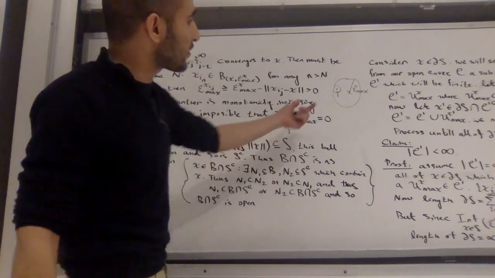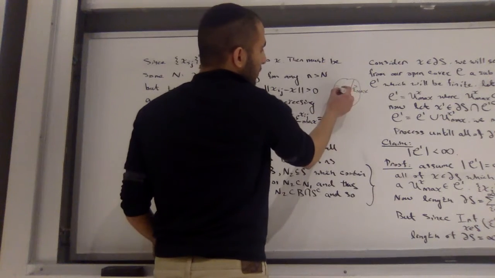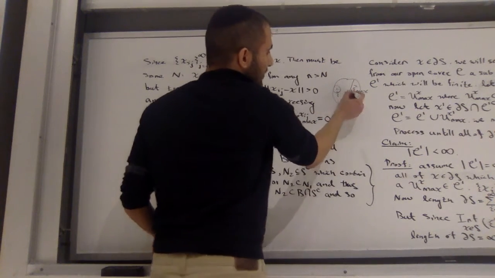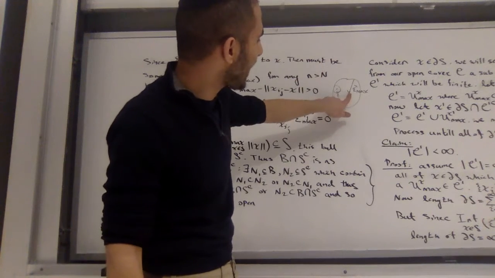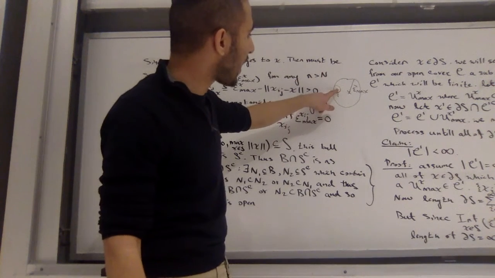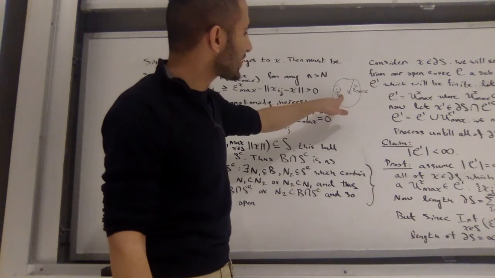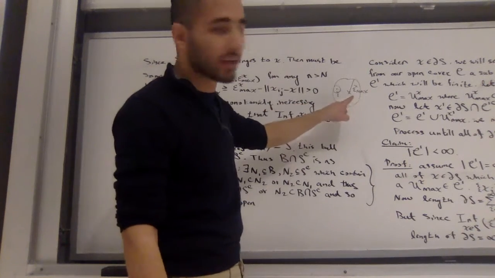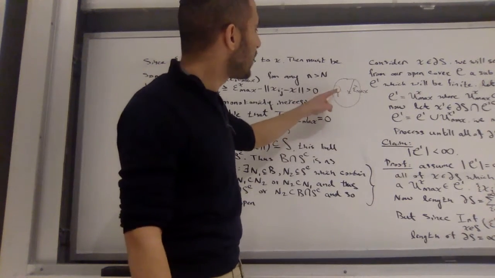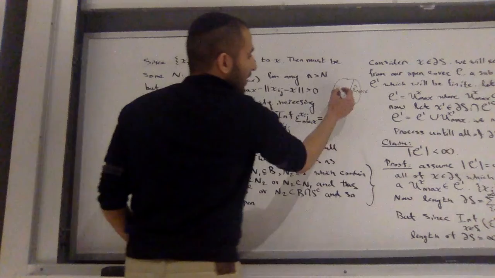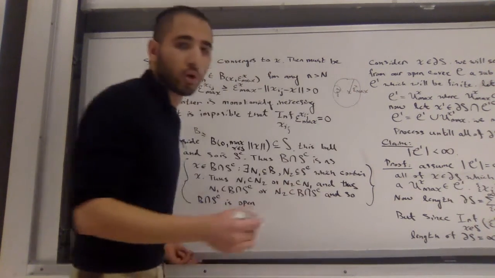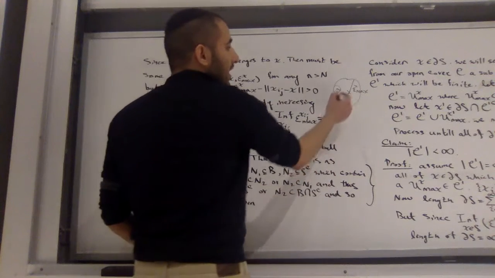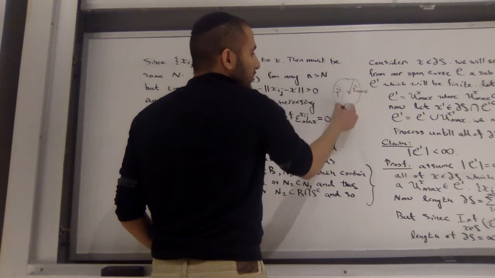Since the open set surrounding x also surrounds the point y, the ball which contains y and is entirely contained in the open set will have, at worst case, a maximum radius of this radius right over here.